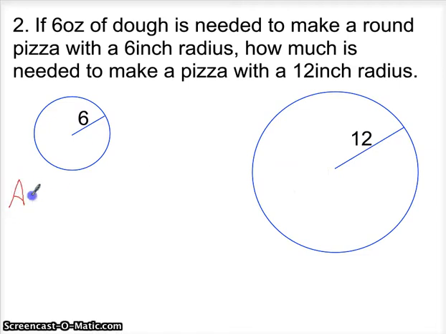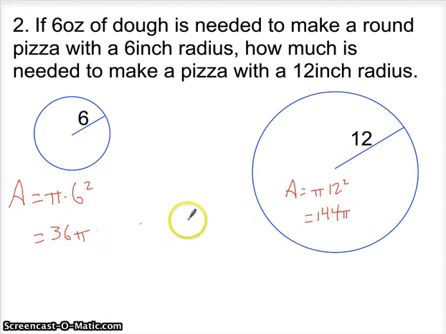Okay, the area of this circle over here is pi times 6 squared, which is 36 pi. The area of this circle over here is pi times 12 squared, which is 144 pi, which is not just double 36 pi. How many 36s does it take to make 144? Well, we can just divide and find out.